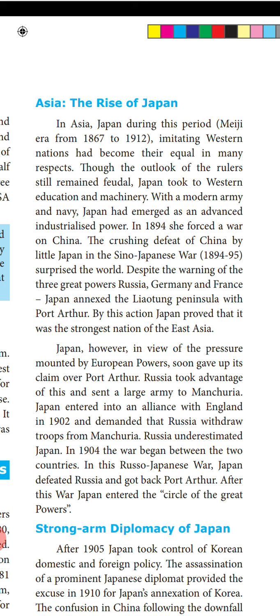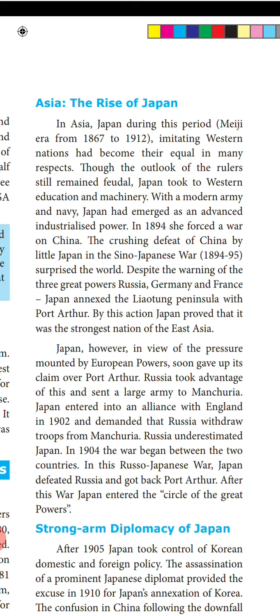Japan followed Western culture, Western education and Western technology. Though Japan's rulers still remained feudal in outlook, Japan took Western education and machinery, with a modern army and navy, and emerged as an advanced industrialized nation.